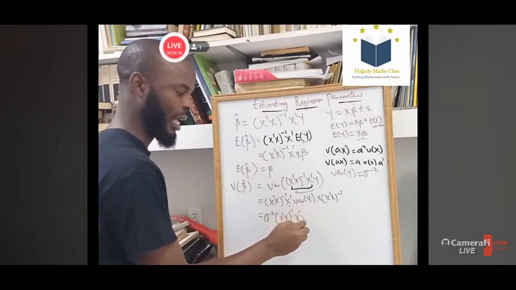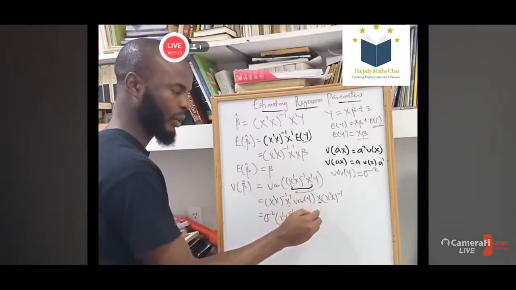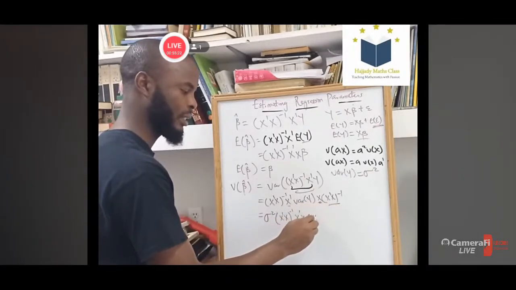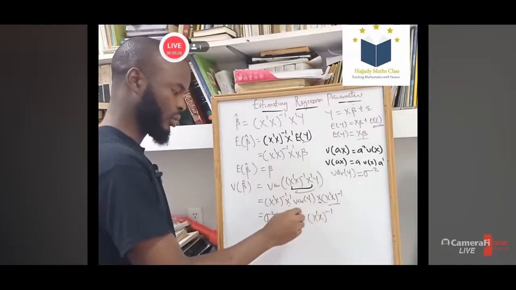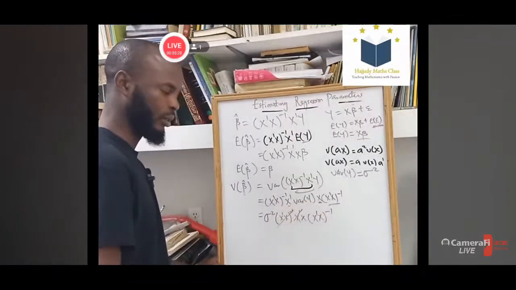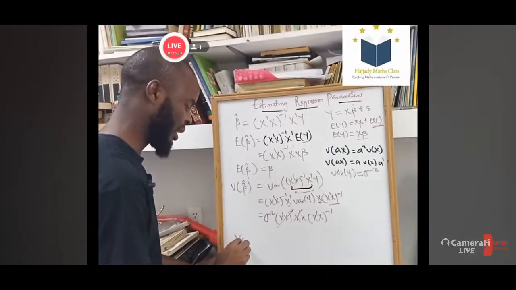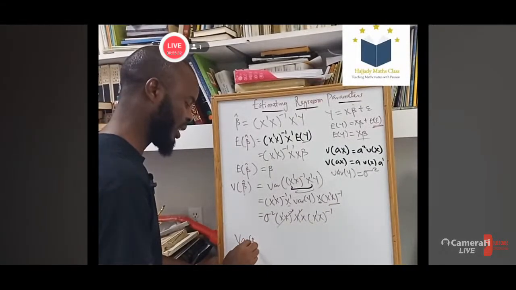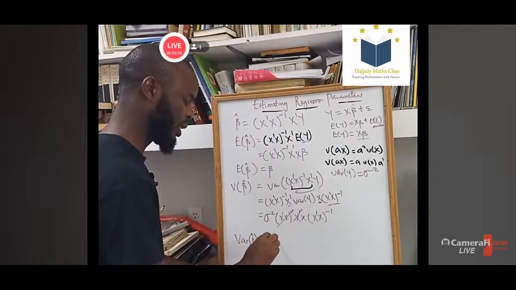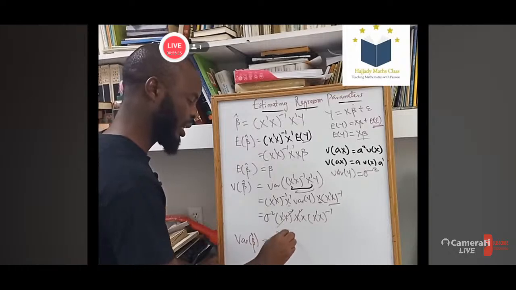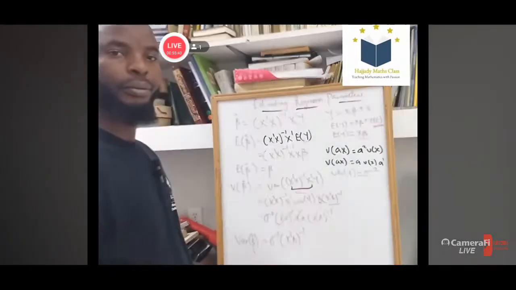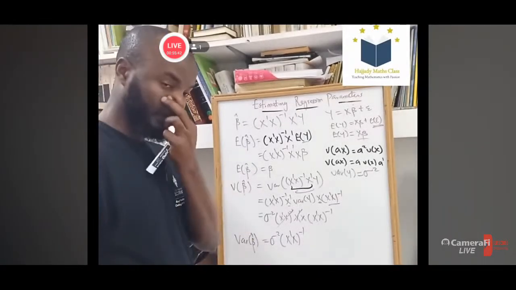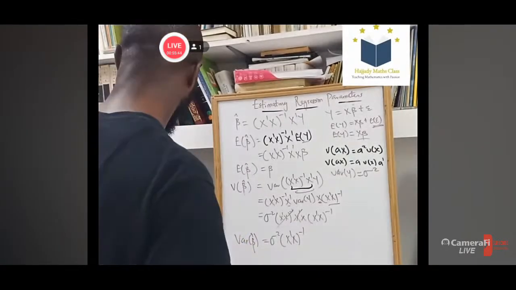Then I'm having my x here, and here I'm having my x prime x inverse. So this goes. Therefore, I can say that the variance of my beta cap is going to be sigma squared x prime x inverse. So that's the second thing I'm going to do.